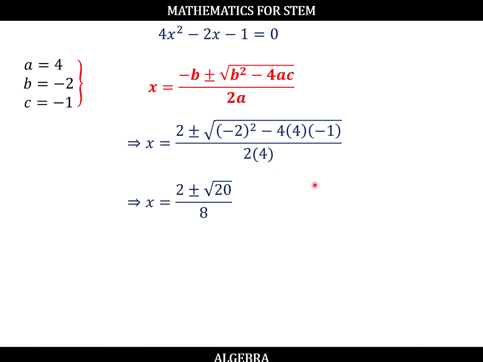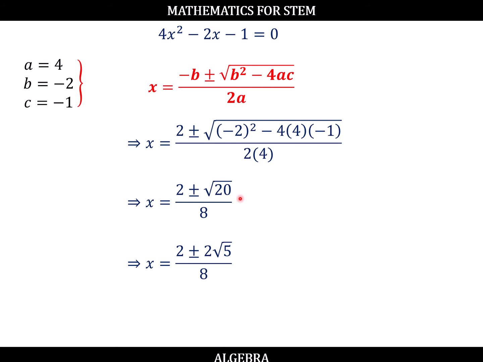So x equals 2 plus or minus the square root of 20 all over 8. Now, the square root of 20 can be written as the square root of 4 by the square root of 5. The square root of 4 is 2, so x could be 2 plus or minus 2 root 5 over 8.